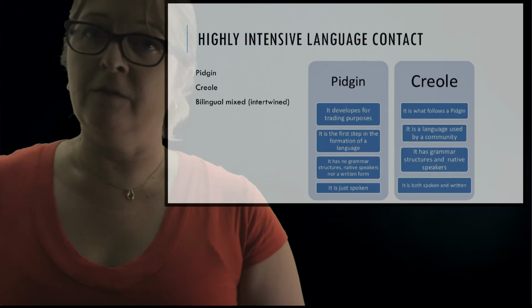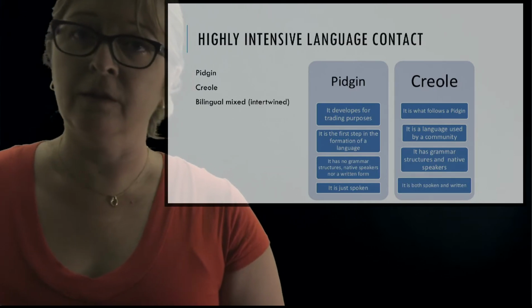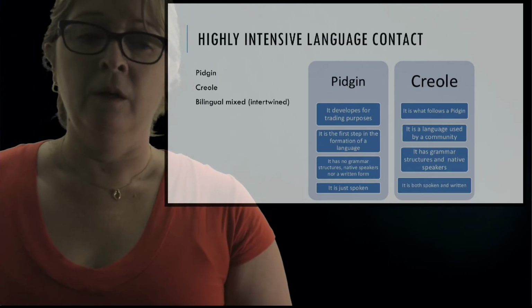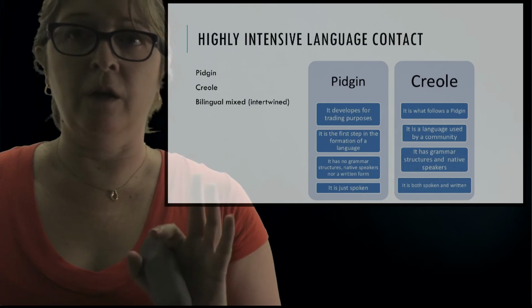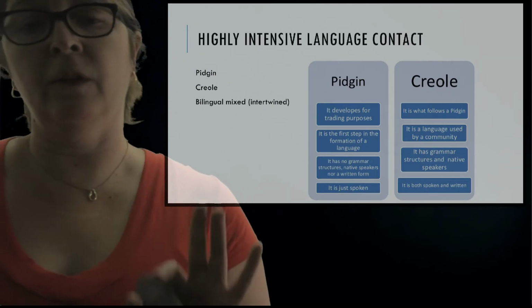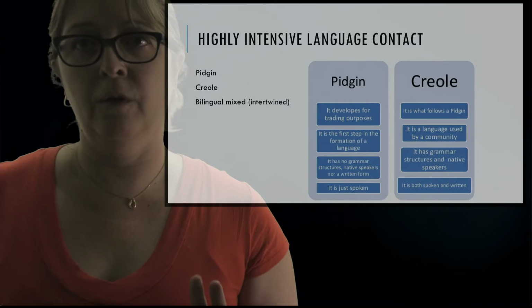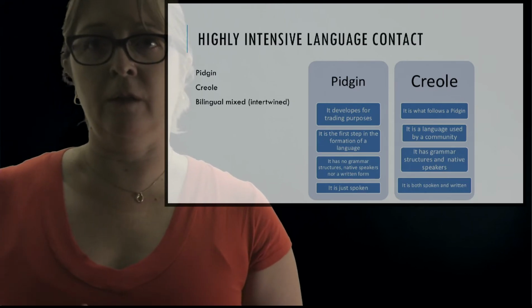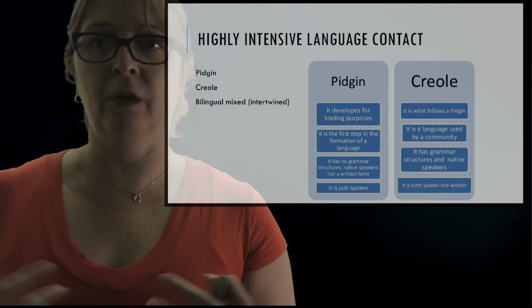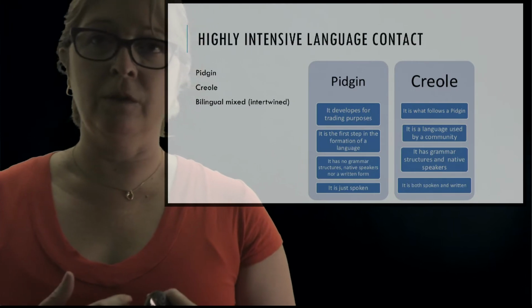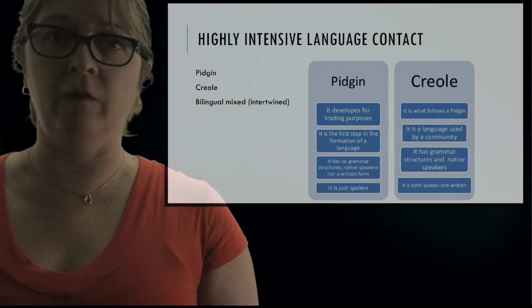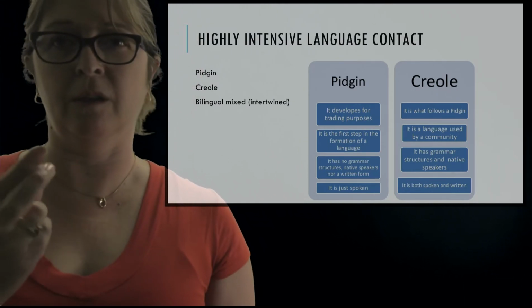Highly intensive language contact. Here we have different levels of languages having contact with each other and mixing. So we have Pidgin, we have Creole, and then we have bilingual mixed, which is like an intertwined.